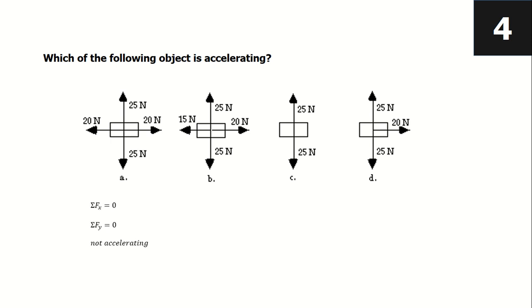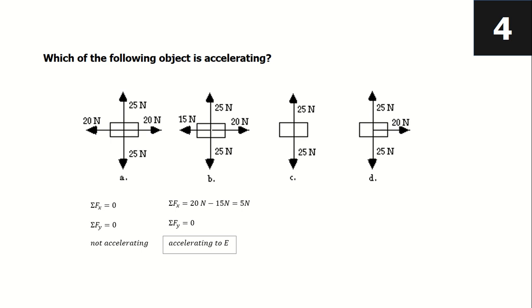For the first one, we can see that the forces along the x and the y balance each other out. So the net force on both of the axes will be 0. That means this object is not accelerating. In object B, we can see the 225 newtons directed to the north and south will cancel out, but not the forces along the x.